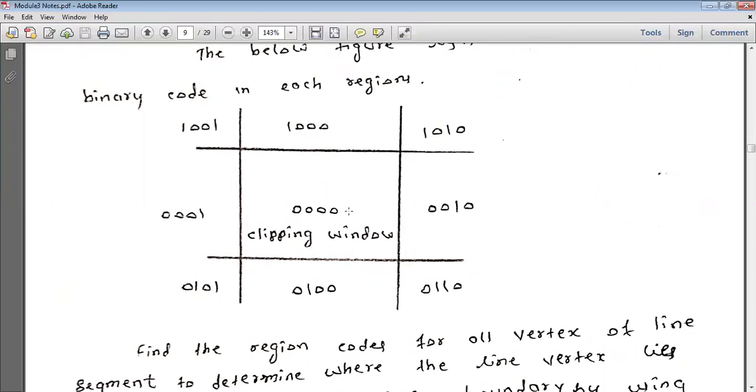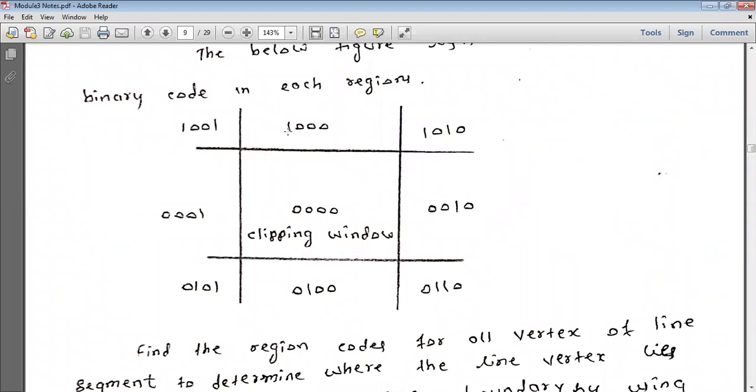I will be using 4 bits to tell the region code. This is the LSB, this is the HSB. If a region is above the clipping window, I make the HSB 1, so the region code is 1000.